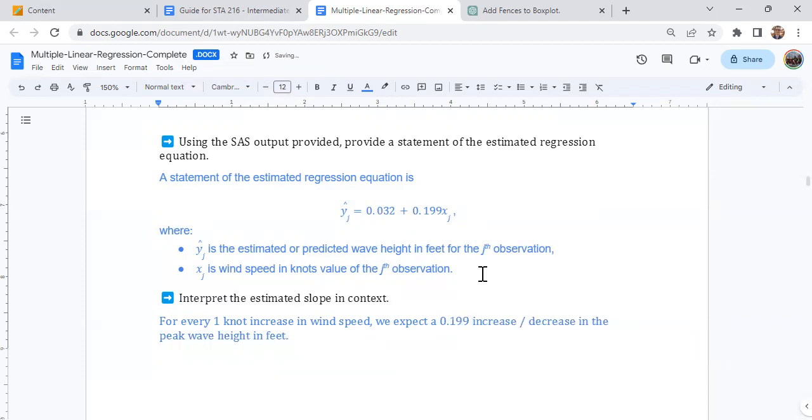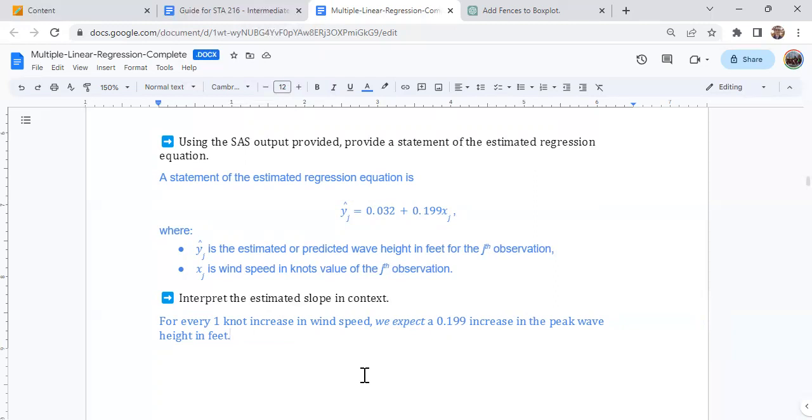Yeah. And then is it increase or decrease? Increase, right? Yeah, because the slope is positive, we say increase. And this phrasing of we expect is very important to include in the slope interpretation.